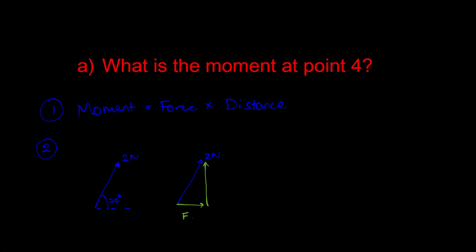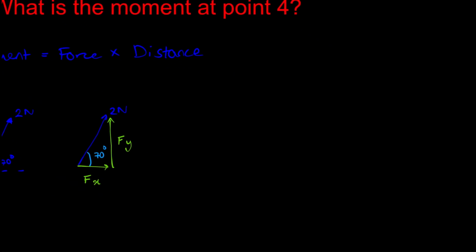We've got our horizontal force, F of x, and our vertical force, F of y, and then we've got the 70 degrees in here. Then we can simply find these by using basic trigonometry.